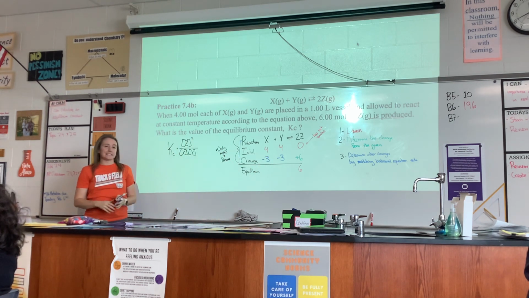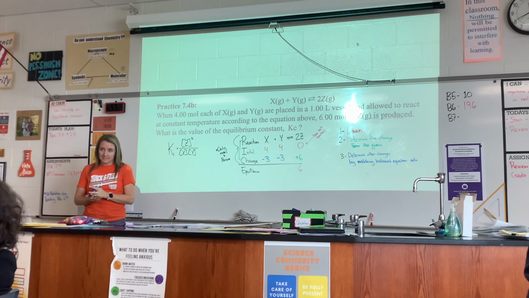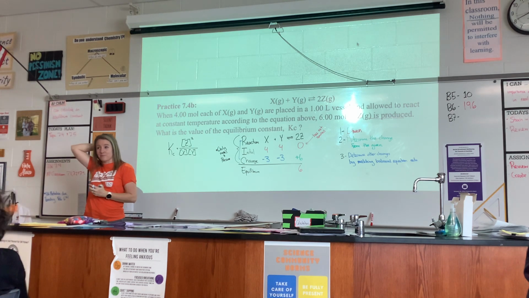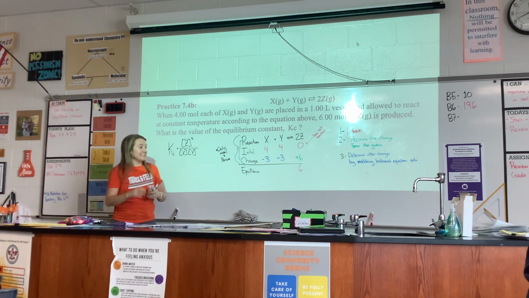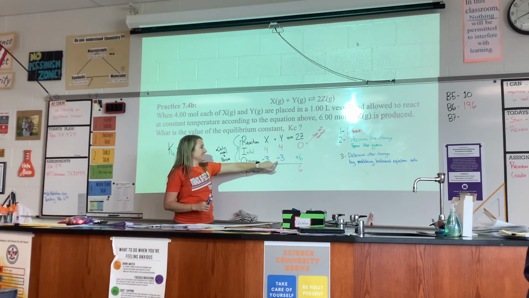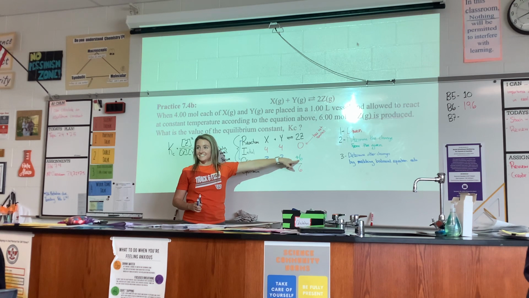Now, I didn't realize this till last period and it was too late to go back. It's kind of a bad first example because it gives you the wrong impression. This does not have to equal this. It happened to in this case, but moles are not additive in that way.